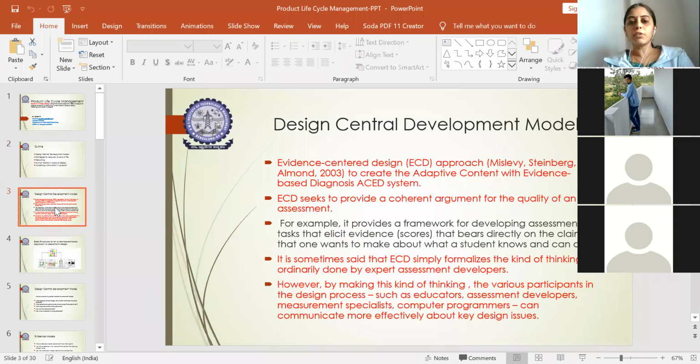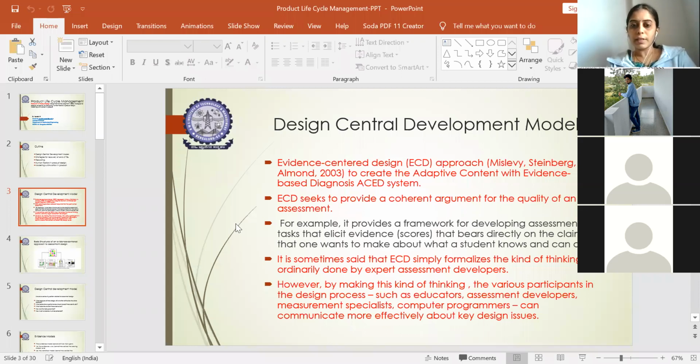First of all, we come to the design central development model. What do you understand by the words design central development model? It is a central design process approach which originated in 2003 at Millsway, in order to create an adaptive content with evidence-based diagnosis, shortly called the ACED system.